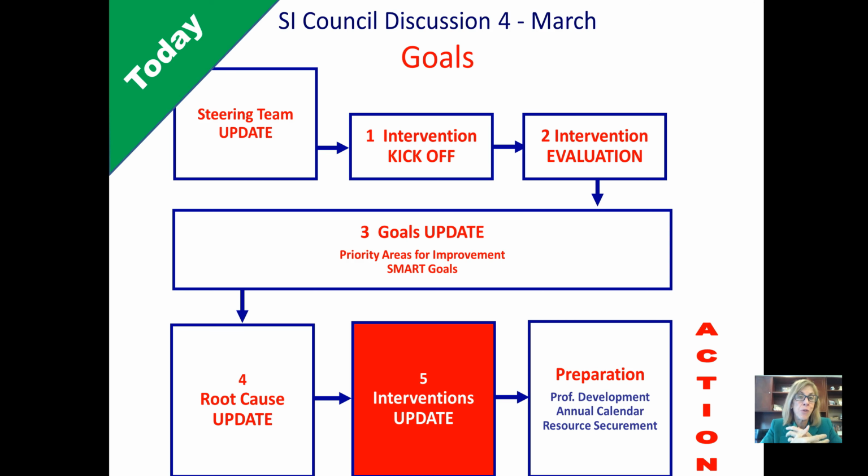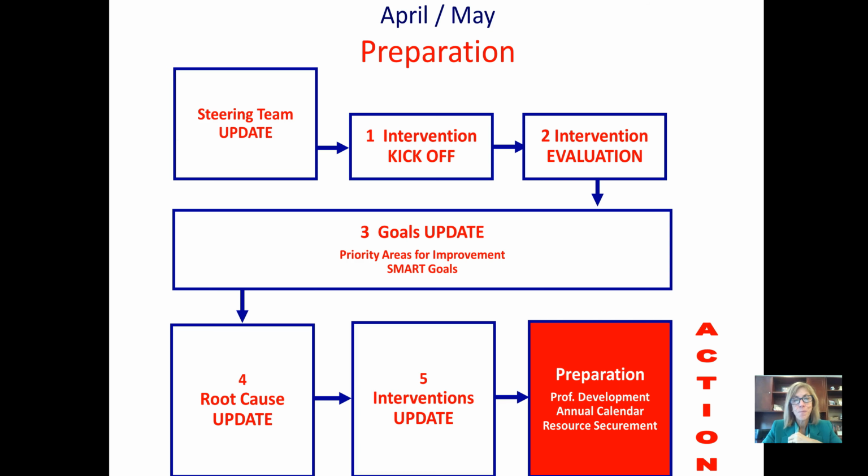What are we going to do about those things that are getting in the way? So we're looking at interventions, or the strategies or the steps that we're going to take to address those root causes. We know that if we can make those root causes go away, you're very likely to reach your SMART goals. So the design of your interventions this month is critically important.